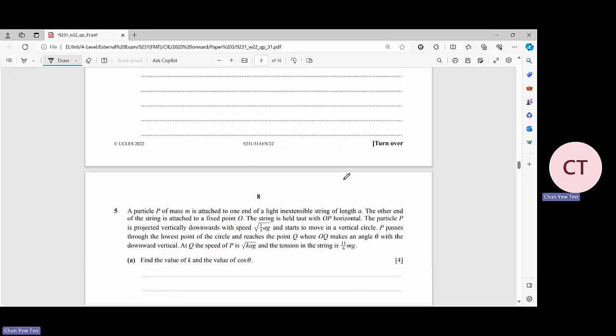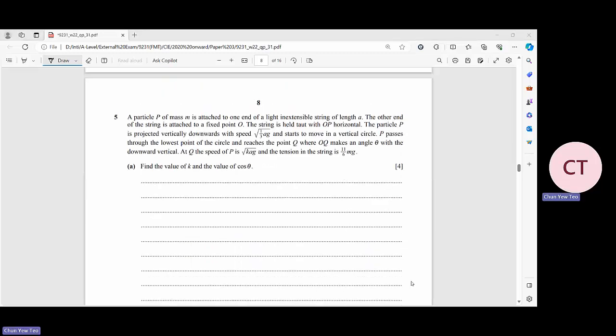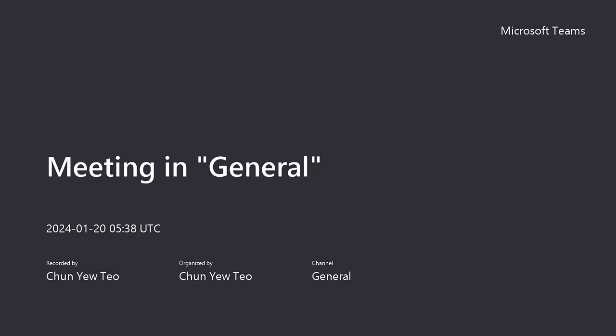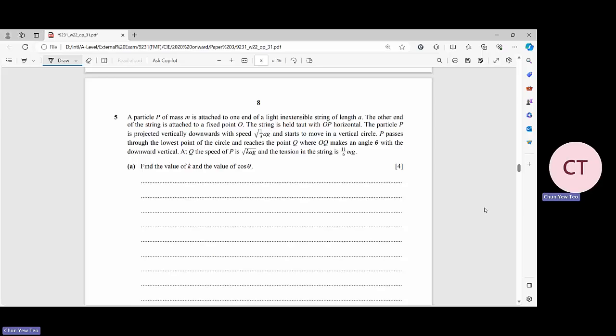Okay, so move on. Question number 5. Let's take a look at number 5 now. A particle P of mass m is attached to one end of a light inextensible string of length a. The other end of the string is attached to a fixed point O. The string is held taut with OP horizontal.